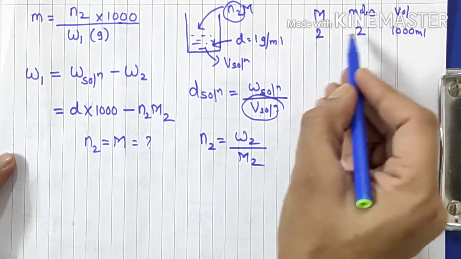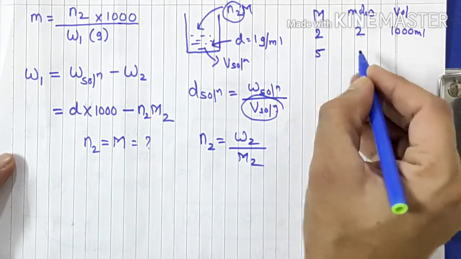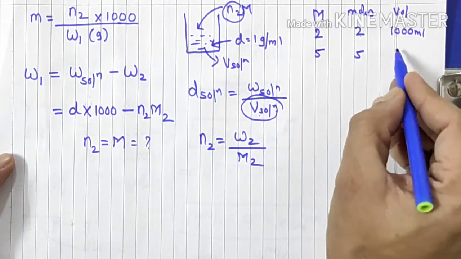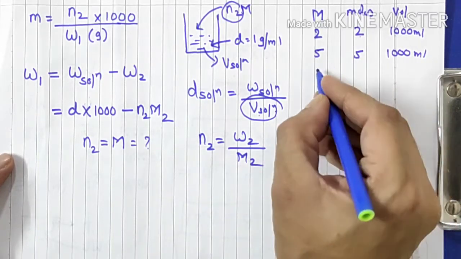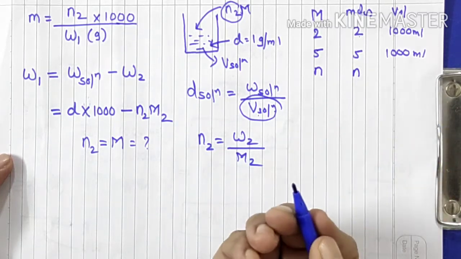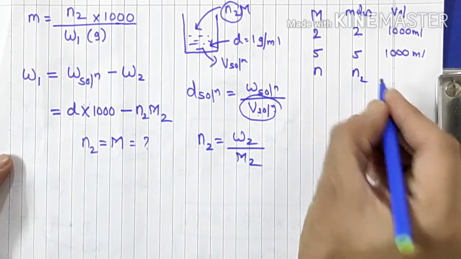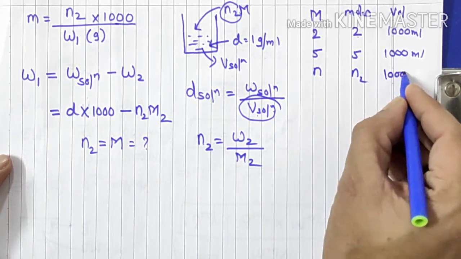So when molarity is 2, 2 moles of solute are present in 1000 ml. When molarity is 5, that means 5 moles of solute are present in 1 liter, that is 1000 ml again. If I say molarity is N, that means N moles of solute are present in 1000 ml.